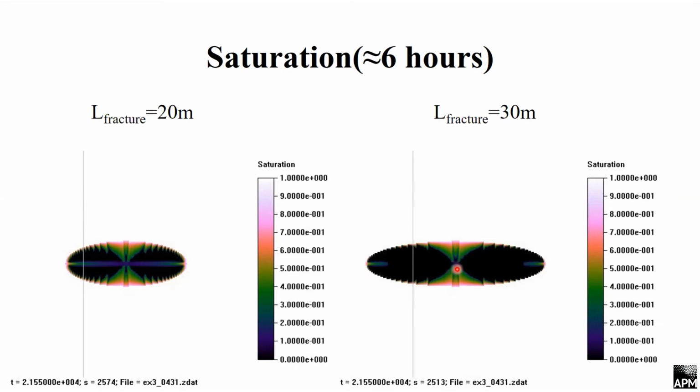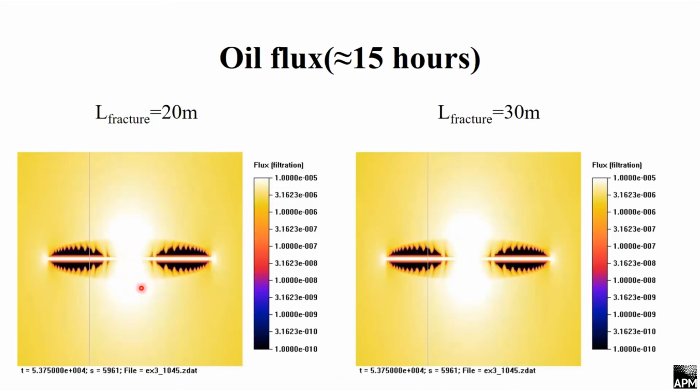So in this case, the entire fracture will be put into operation later than in this case. After 15 hours, we can see that in almost the entire area, seepage occurs.